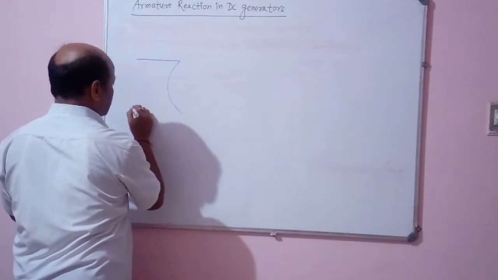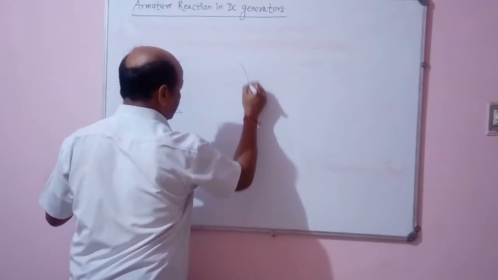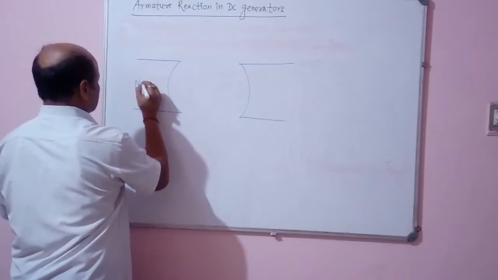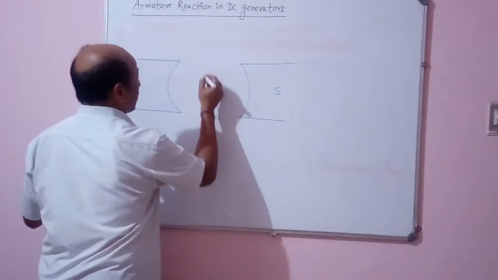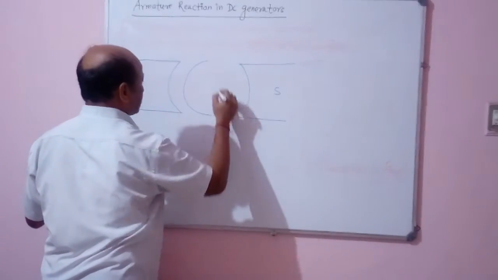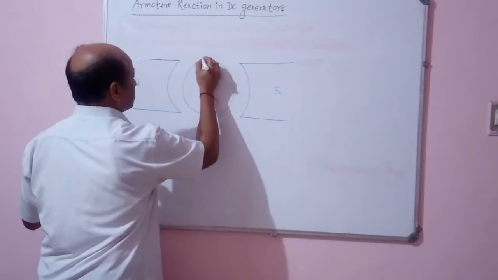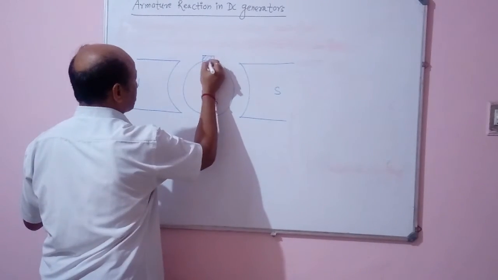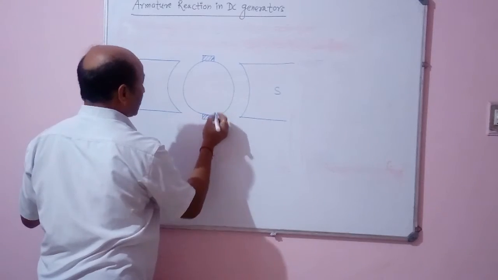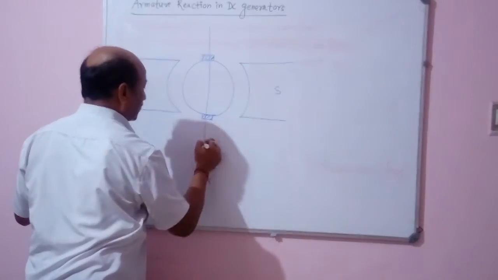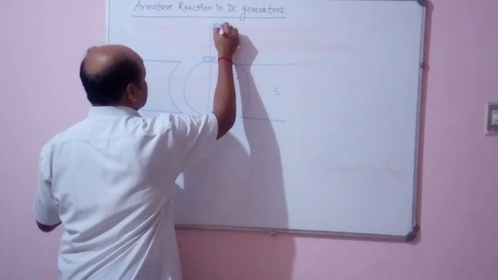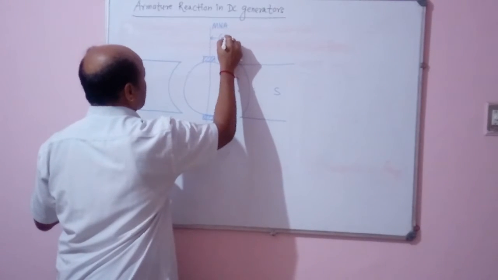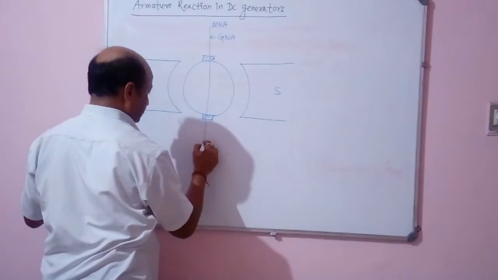So this is the N and S pole. This one is the armature. These are the two brushes. Brushes are always on the MNA axis. It is also the GNA axis.